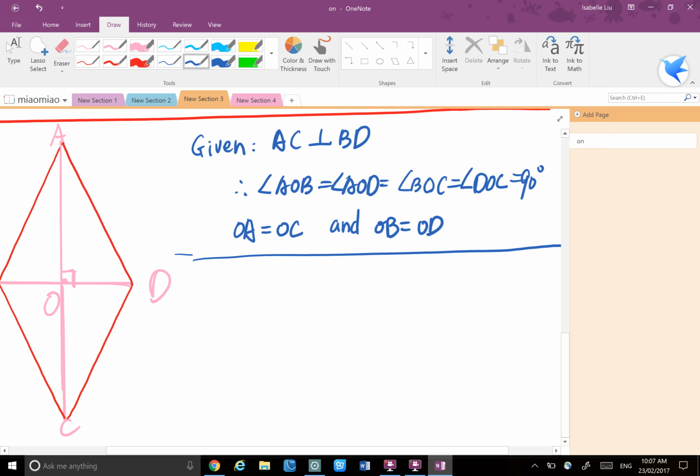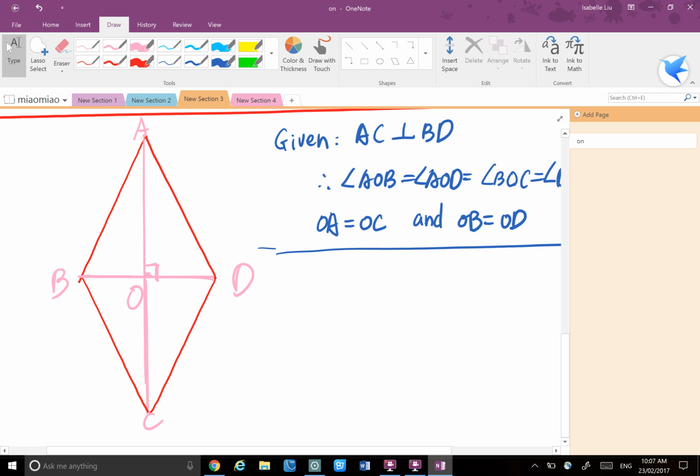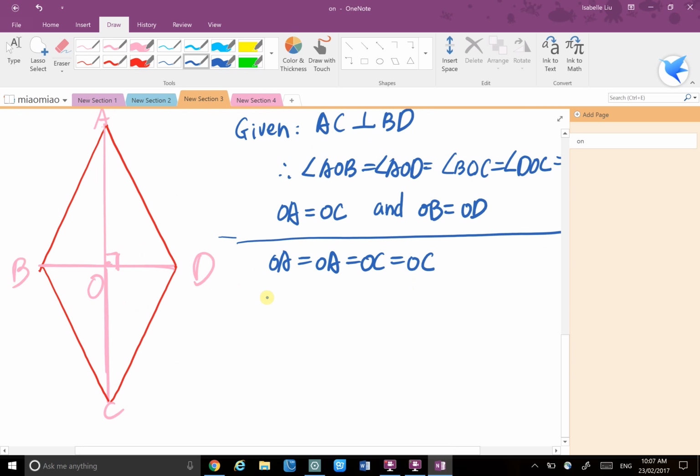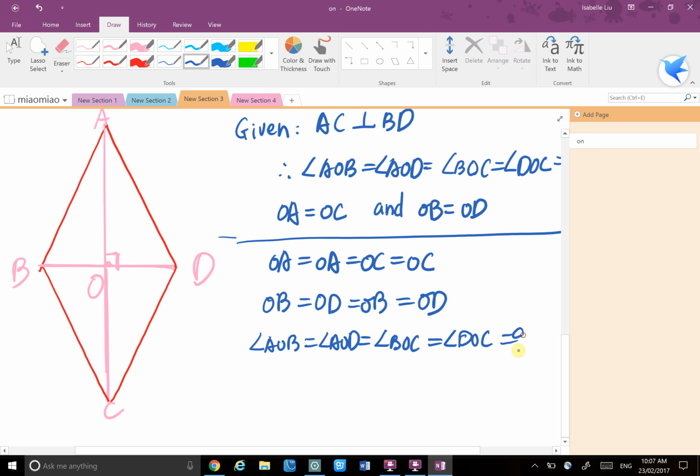What I'm trying to prove is OA equals OA equals OC equals OC, OB equals OD equals OB equals OD. And I know that angle AOB equals angle AOD equals angle BOC equals angle DOC equals 90 degrees.